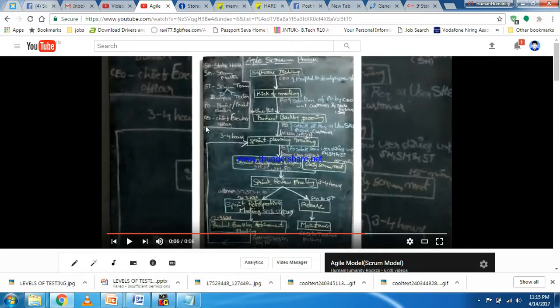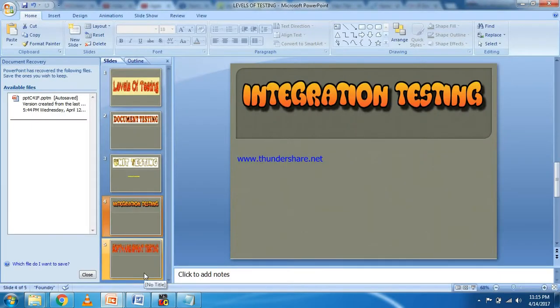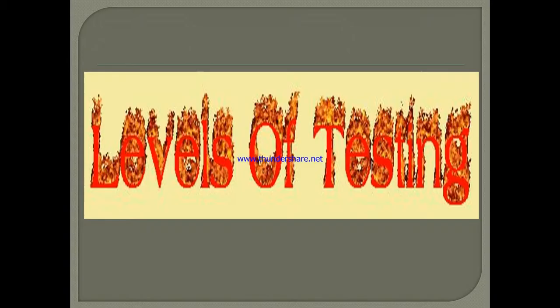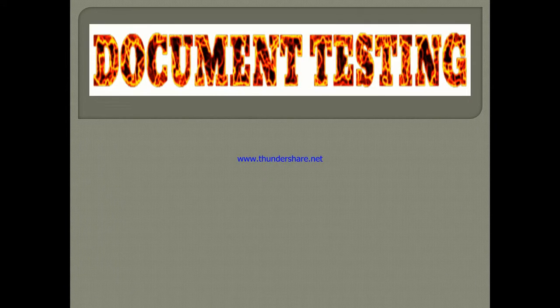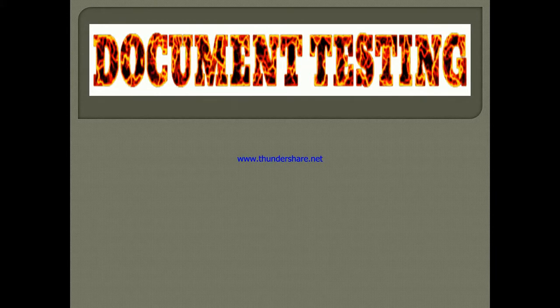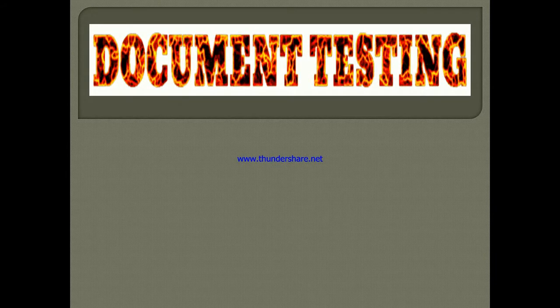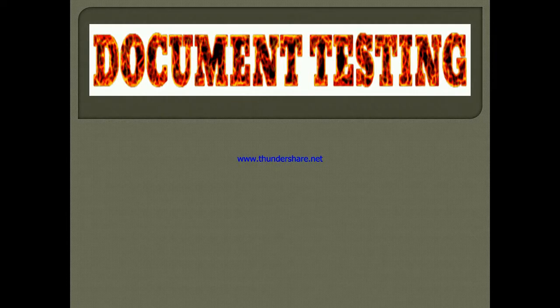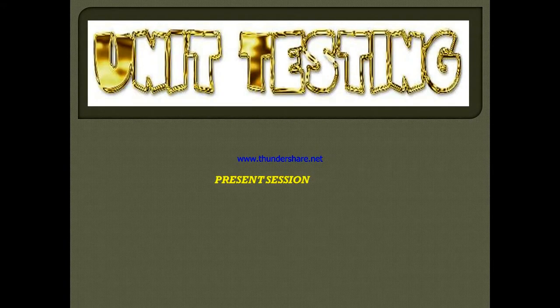Once the document testing is successfully completed, the next phase is that the Scrum team developer prepares the code for the requirement based on the document.